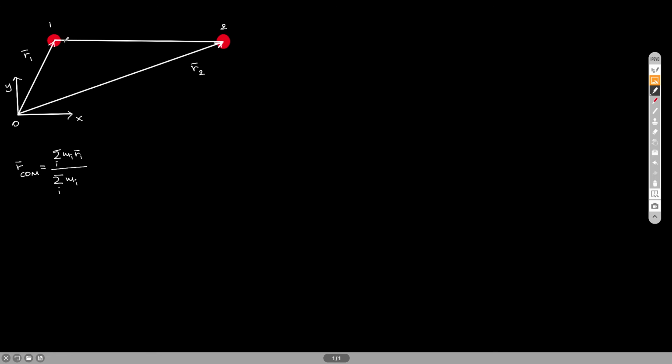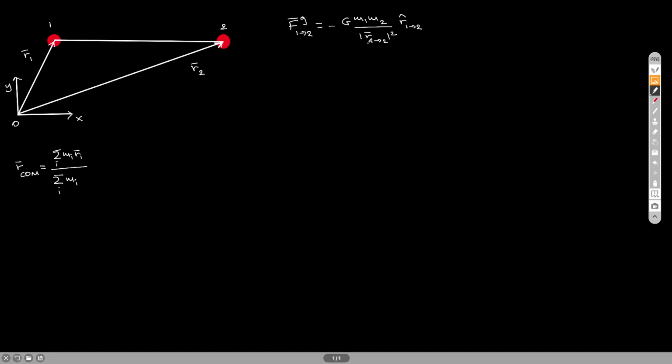If I want to calculate the force that one exerts on the other, so the gravitational force from 1 to 2, this can be calculated as minus G m1 m2 divided by the position that goes from 1 to 2 squared, times r hat from 1 to 2. Now I want to talk about these vectors.